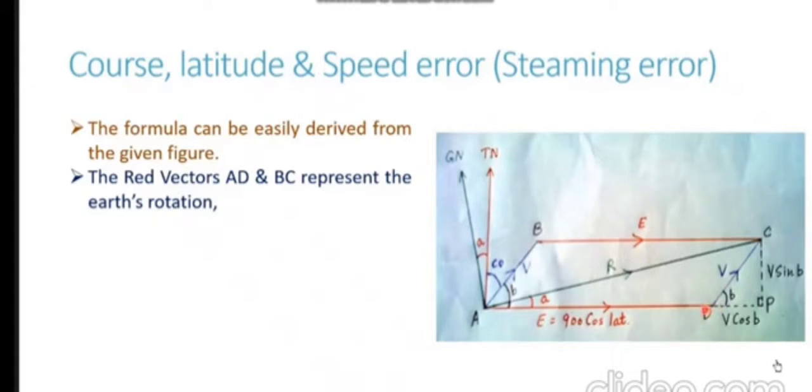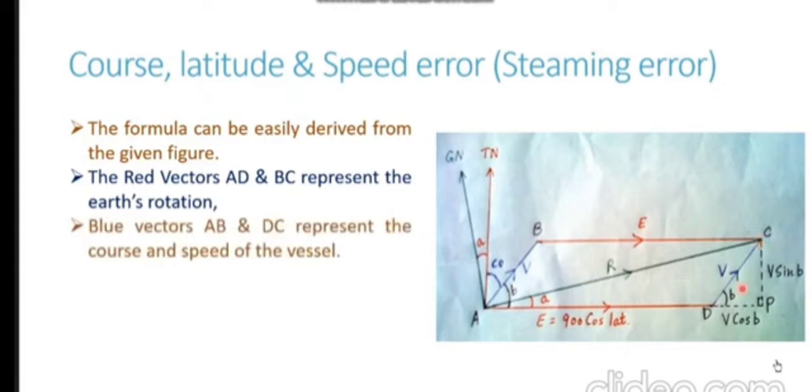If you concentrate on the side Bravo to Charlie, this is again mentioned in red color. This is exactly the same vector as Alpha to Delta. These are the two opposite sides of a parallelogram, and whether it is Alpha Delta or Bravo Charlie, both represent the Earth's rotation, which is given by 900 cos latitude.